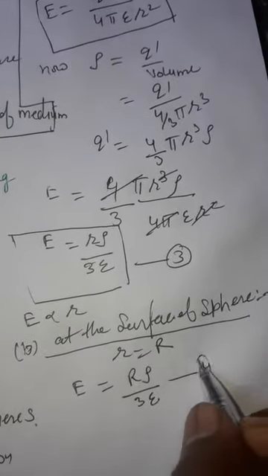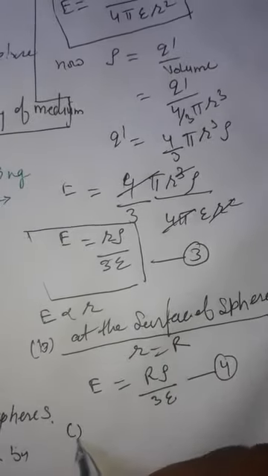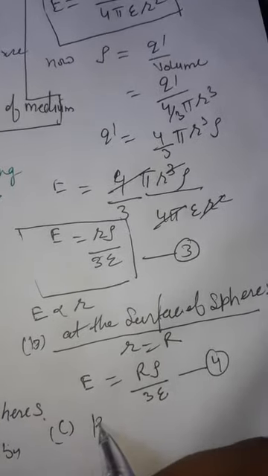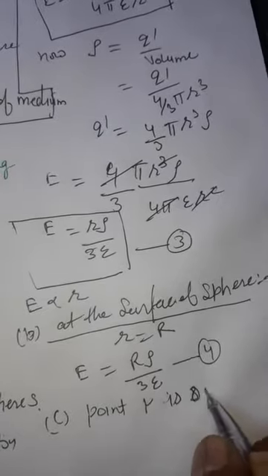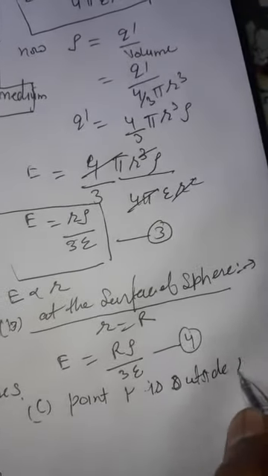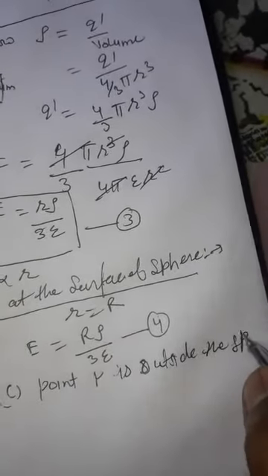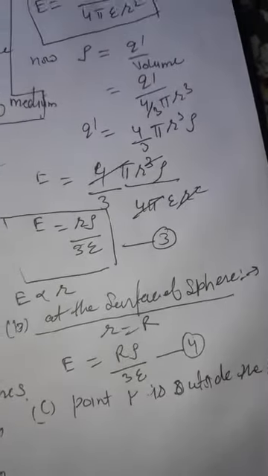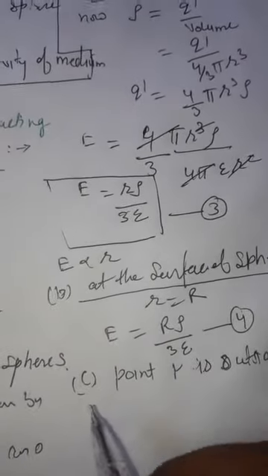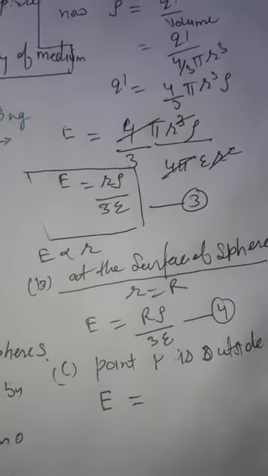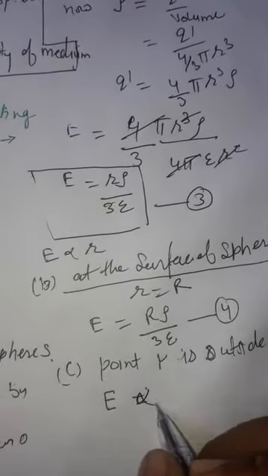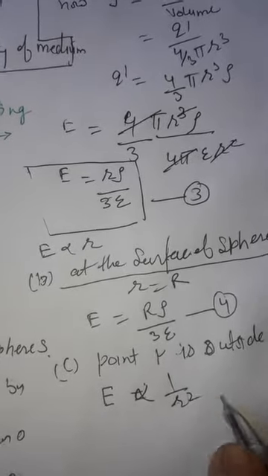This is equation 4. Similarly, the third case is when point P is outside the sphere. We already calculated in the previous article that the electric field is inversely proportional to 1 by r square.